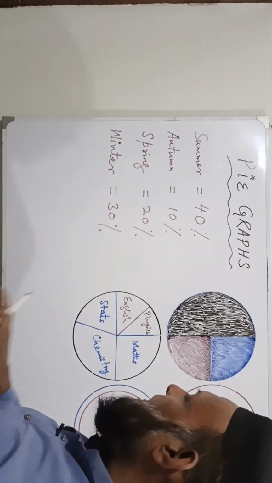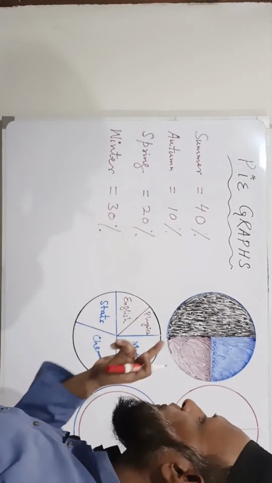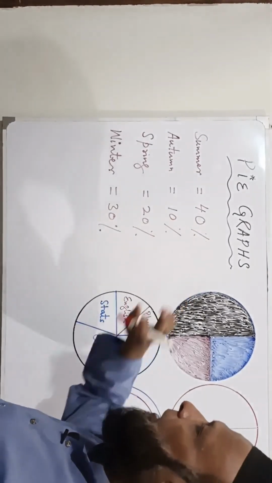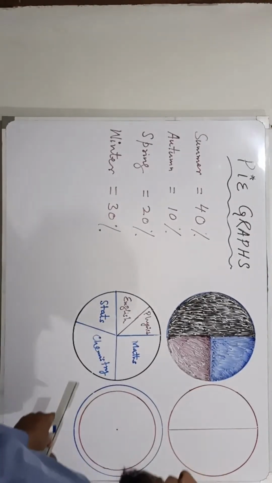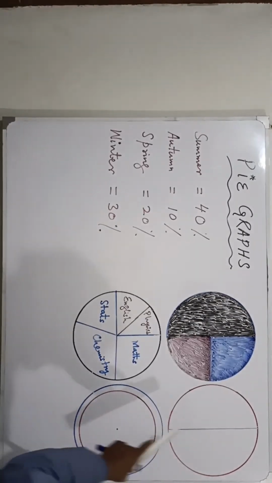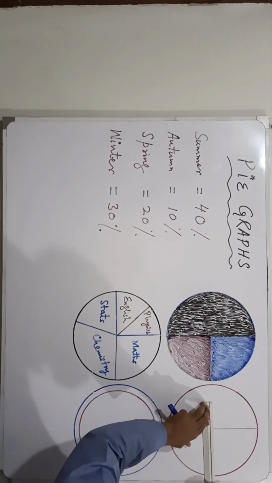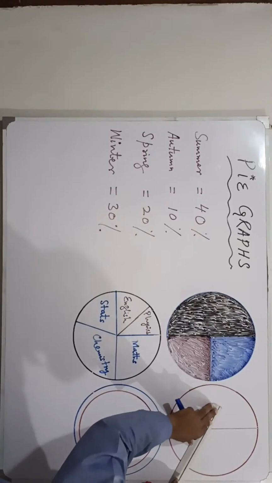As I told you, 1 degree... 3.6 corresponds to 1%. So 3.6 into 40, what will you get? 144.